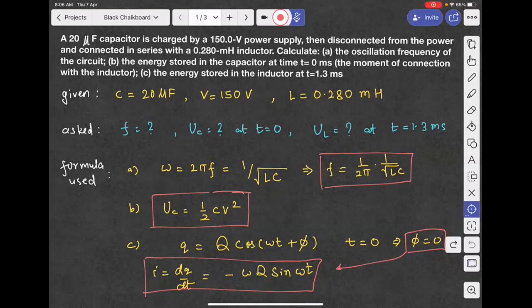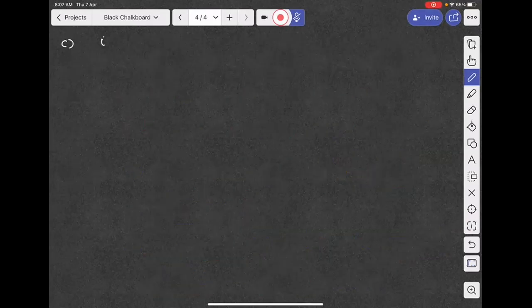This we haven't written here, so let us write. I missed writing q also. So q is given by C into V. We have the value of C as well as V. So first we will calculate this and then we will substitute in this equation, current at t equal to 1.3 milliseconds.